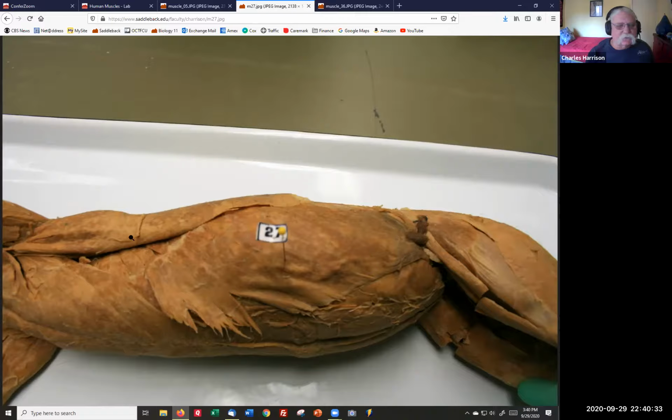This rolled back portion here, this was the latissimus dorsi. Underneath the latissimus dorsi, you can even see the serratus anterior to the first 8 ribs. Okay, that's a really good external oblique.